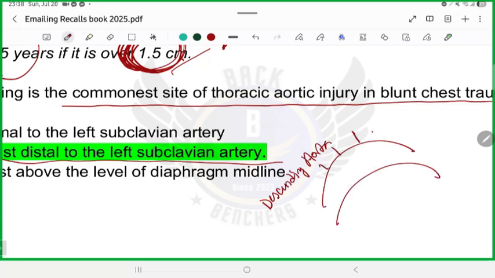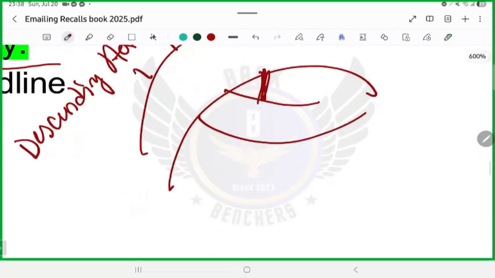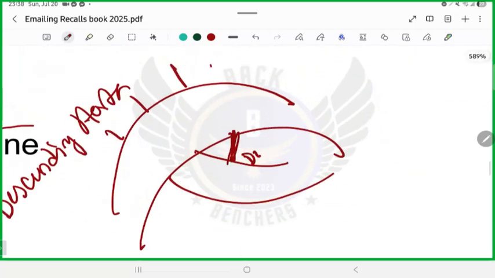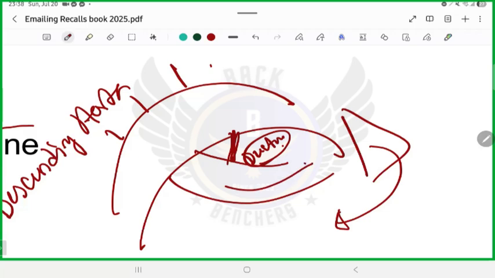See, we have here BCS and here we have the pulmonary trunk. From the pulmonary trunk we have the ductus arteriosus in our fetal life. But when the lungs get blood and the road opens, watch our fetal circulation video, this ductus arteriosus gets closed and is replaced by a ligament that is called ligamentum arteriosum.